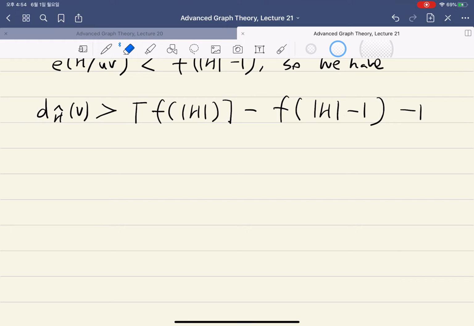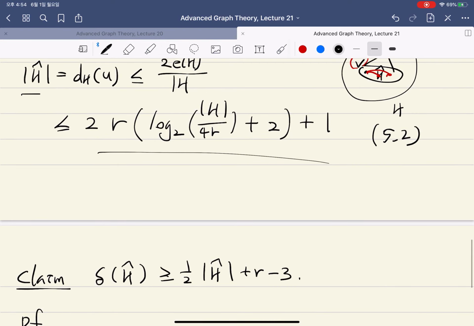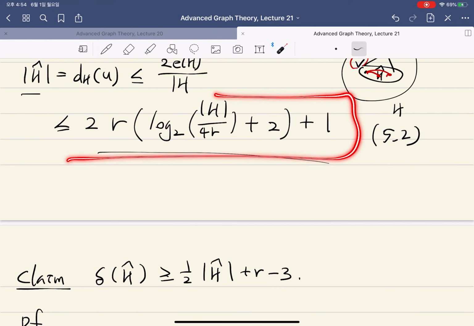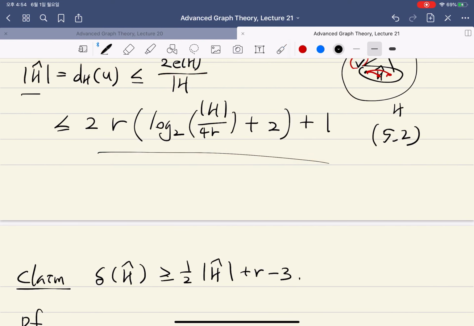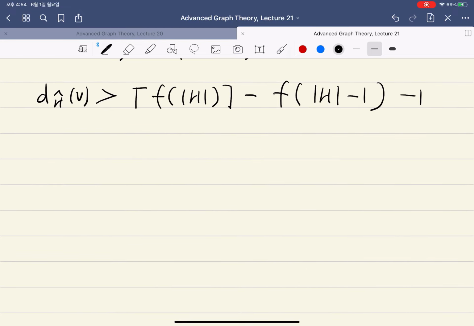So now what we do, we have this on the size of H hat, and we have this. So from that, now we want to compute the minimum degree of H minus half times H hat.